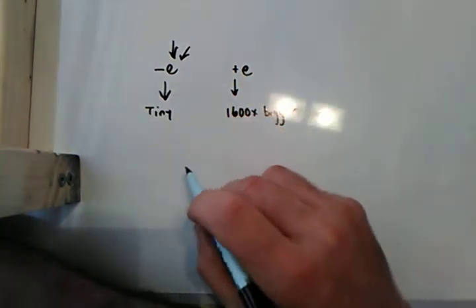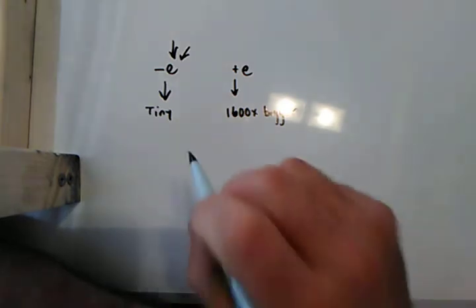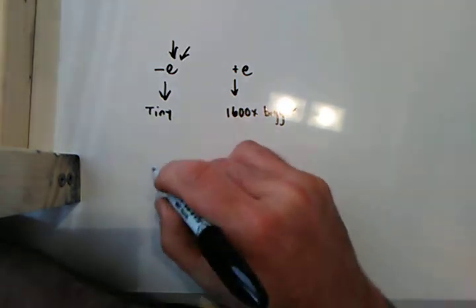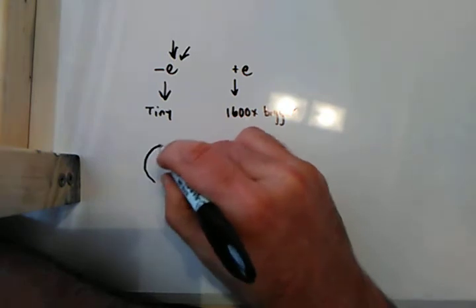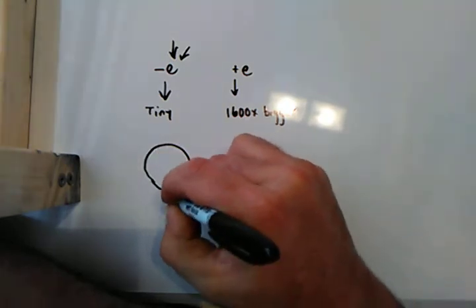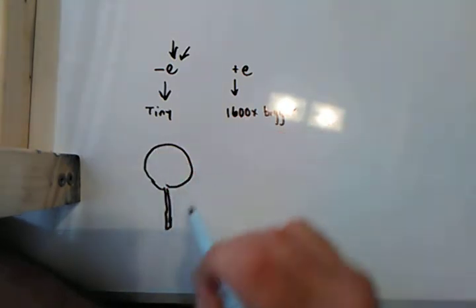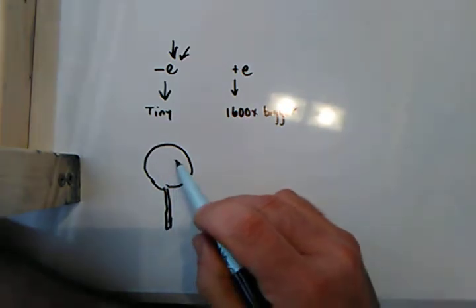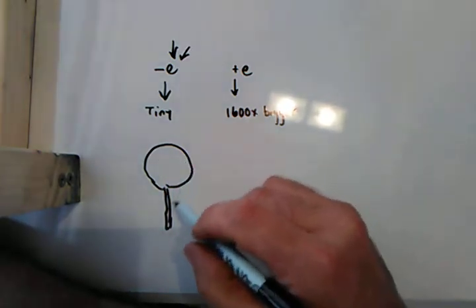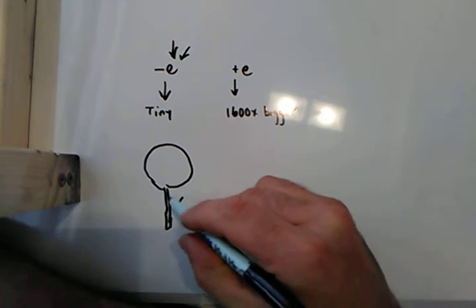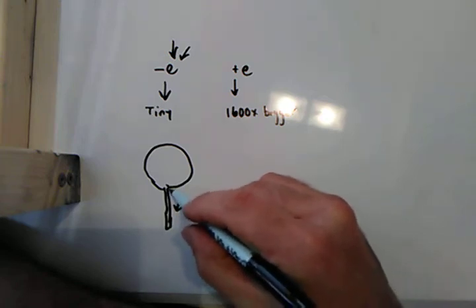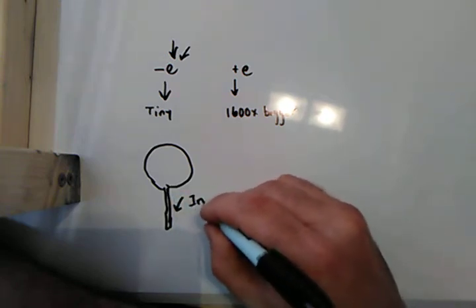I'm going to give you a situation where we're going to be looking at spheres. Here's a sphere, and this sphere has a metal surface. This here is something we're going to call an insulator.